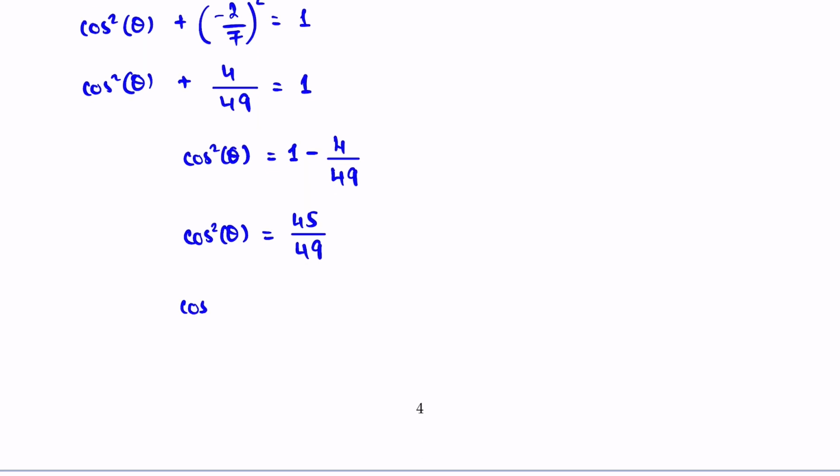Take the square root on both sides of the equation. You should get plus or minus the square root of 45 over 49. Or you can write plus or minus root 45 over 7, because root 49 gives you 7. Now for the square root of 45, you can simplify a little bit further: 45 is 9 times 5.